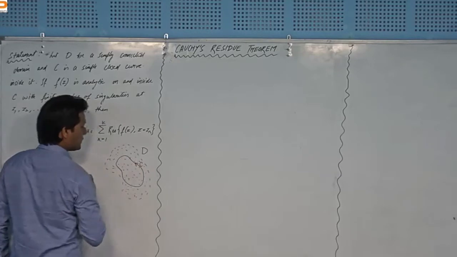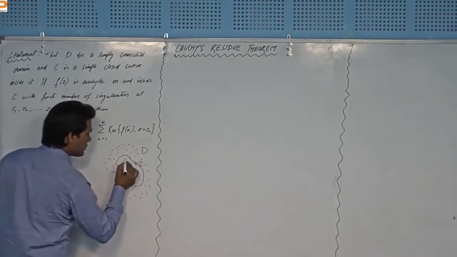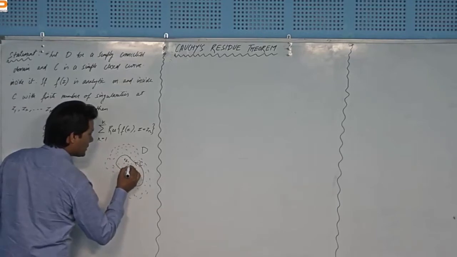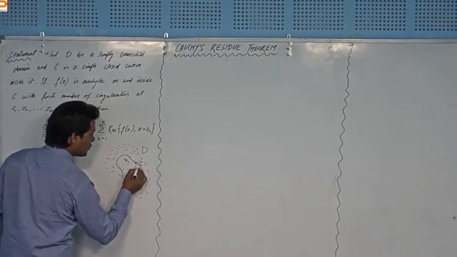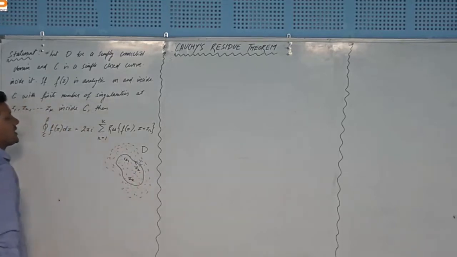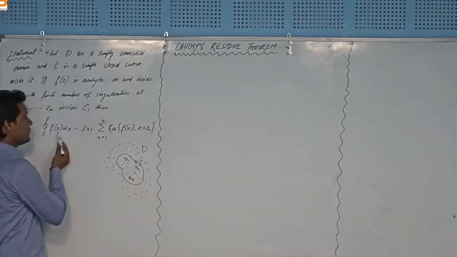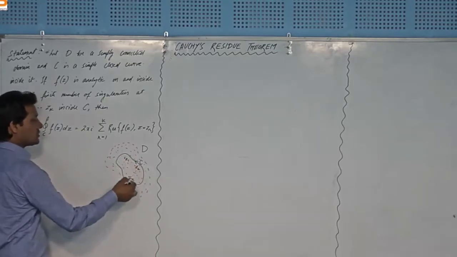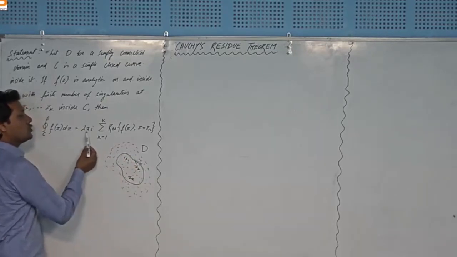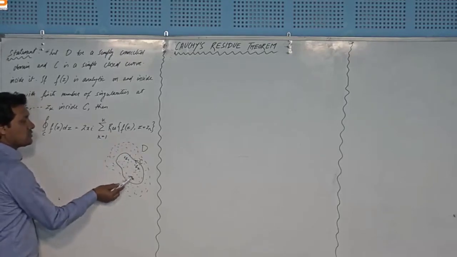And there are singularities inside this curve. Suppose this is your z1, this is z2, and so on, and you have zk here. So there are k singularities inside this curve C. Then the theorem says that the evaluation of your function along this closed curve is equal to 2 pi i times the sum of all residues evaluated at these singularities.